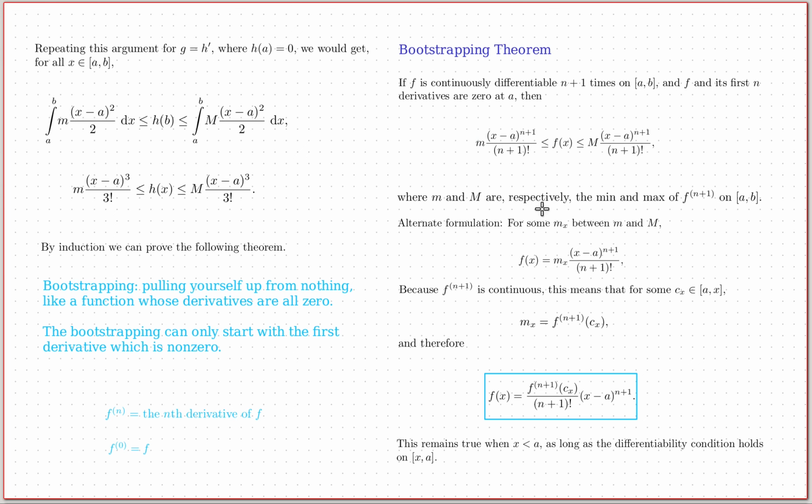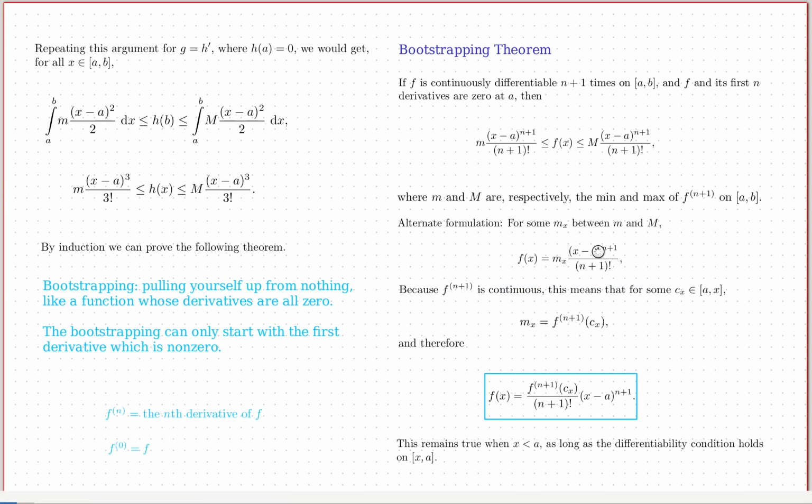There's an alternative formulation for this, which is sometimes useful. Actually, it's the formulation you will usually see in textbooks, right? So let me explain this. Because f of x is between little m times this fraction and big M times the same fraction, then intuitively it's pretty obvious there must be some m sub x, let's call it, between little m and big M for which you have exact equality.